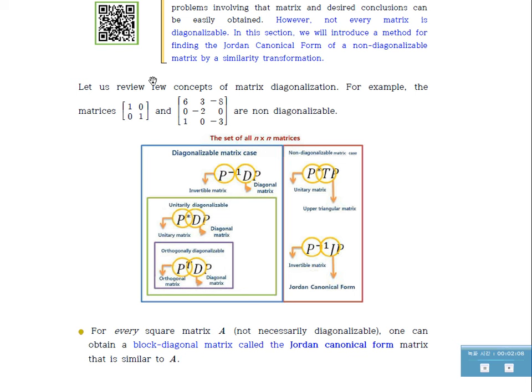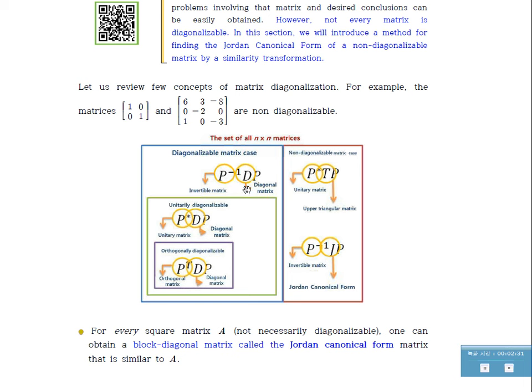Let's review the concept of matrix diagonalization. For example, we have a diagonal matrix like this and a 3 by 3 matrix like this, which is not diagonalizable. This is a diagonal matrix, so it's diagonalizable. This is non-diagonalizable.